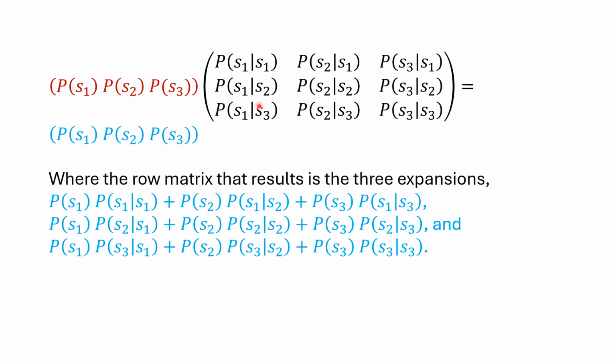That's this probability. Given it starts in state 3 and goes to state 1, it's this probability. Now, it could start in state 1 and go to state 2. It could start in state 2 and stay in state 2. It could start in state 3 and stay in state 3, and so on.